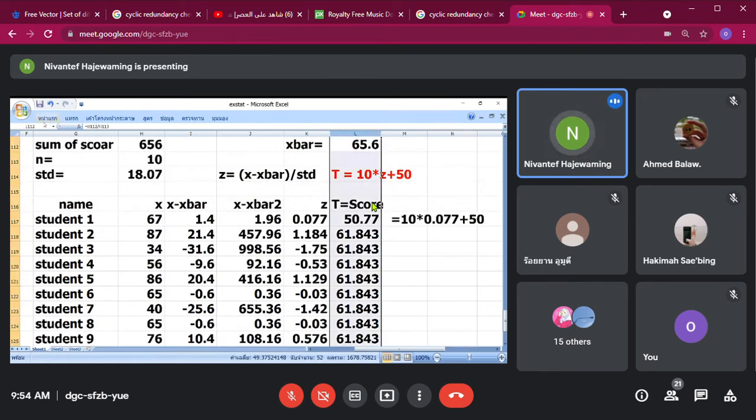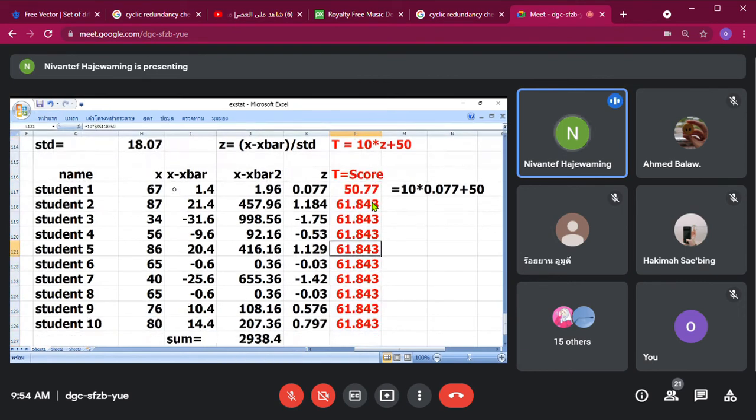The student got the mark 67, but when you change to the T score, he or she got only 50.77. Score 87 got 61 point something. Why this one?